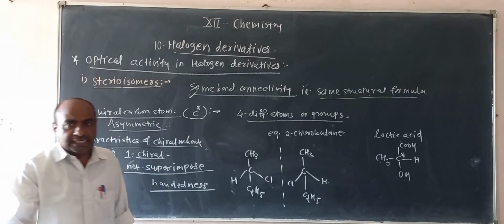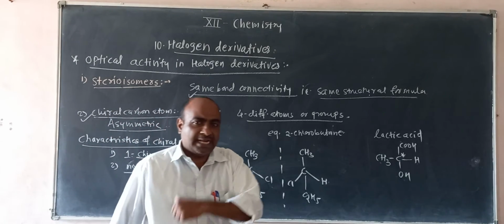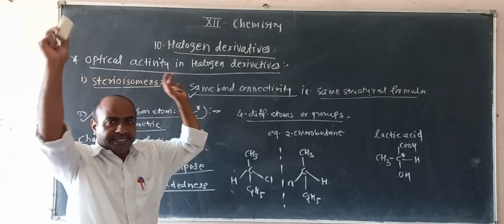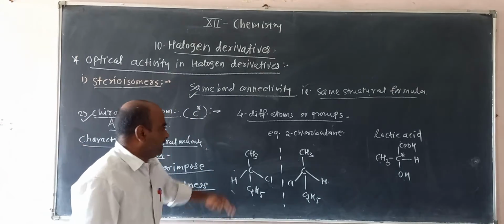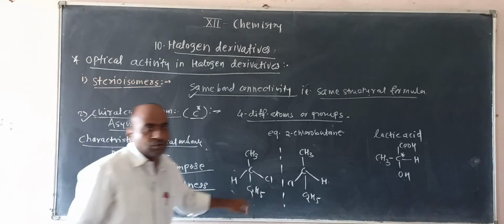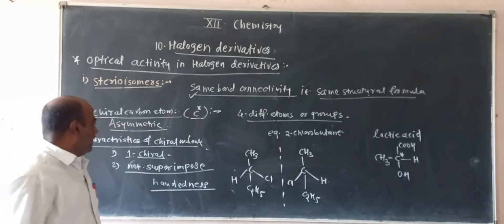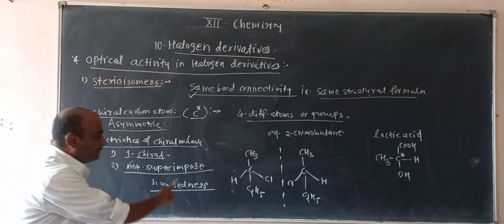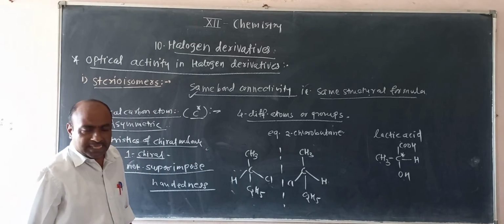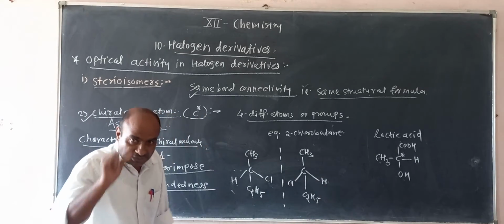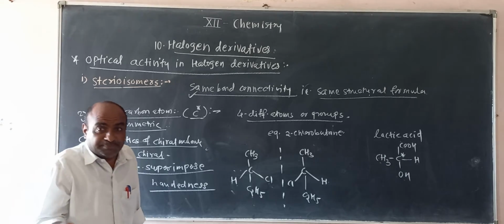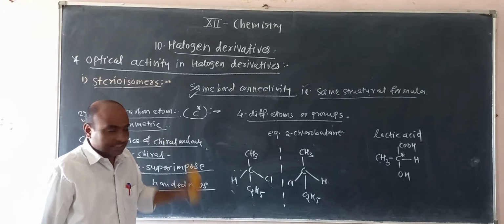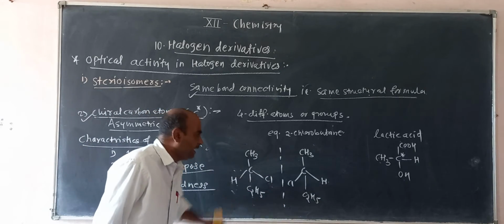The left portion is seen at the right side and the right portion at the left side, while the remaining groups or atoms, the upper and lower groups, remain as they are. Thus, chiral molecules can be defined as having the same molecular formula and the same structural formula, but their spatial arrangement is different.